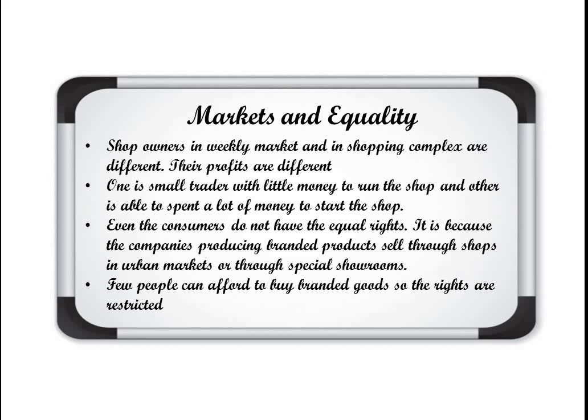I hope that all the topics are clear to you. The kinds of markets, weekly market we have done, shops in the neighborhood, hawkers we have done, shopping complexes and malls we have done, and then the markets everywhere we have done, and the chain of the markets, very important, we have completed.